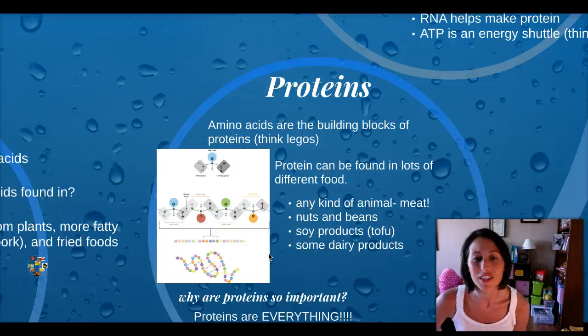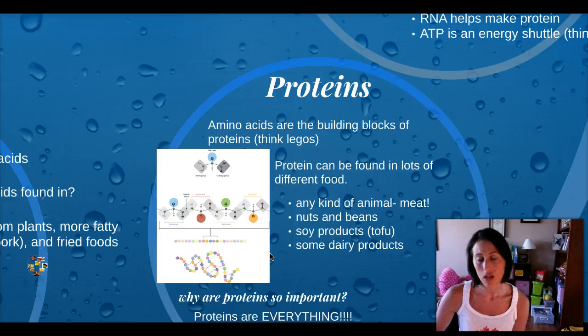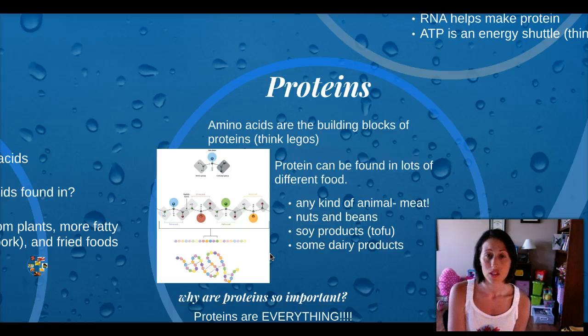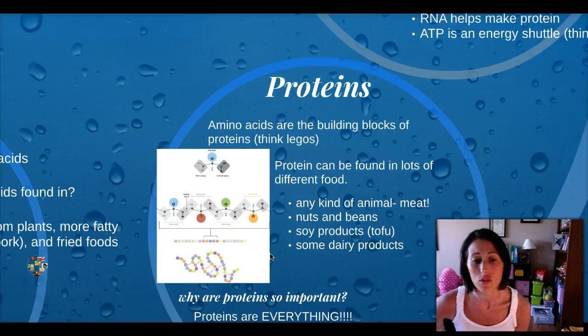Proteins can be found in lots of different food. Any kind of animal or meat that you eat is chock full of protein, and that's really good for you. Your body needs those proteins so it can break them down and use those amino acids to create the proteins that your body needs for lots of functions that your body will do. Nuts and beans are also a really good source of protein.